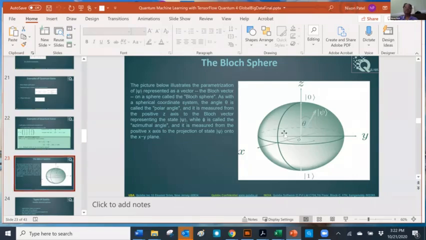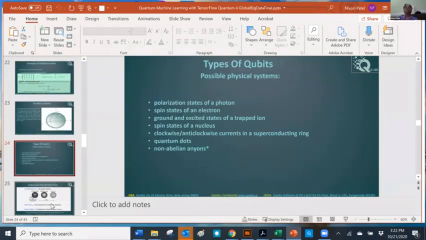So this is the Bloch sphere, as I earlier mentioned, along the z-axis, 0 and 1. That's what a classical representation would be. But in the case of quantum, the state can be anywhere on the sphere, so there are infinitesimal possibilities. There are different types of qubits: superconducting qubits, polarization of photons, spin qubits, and quantum dots.